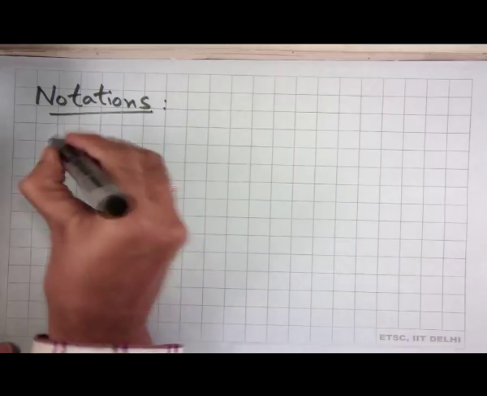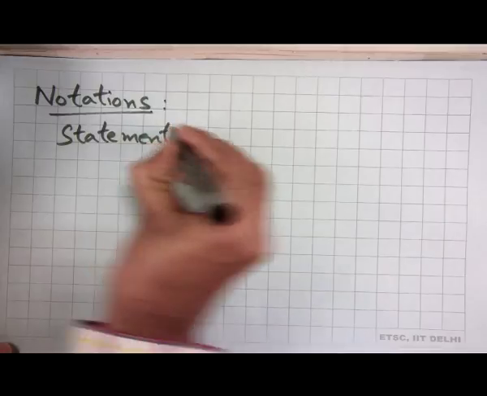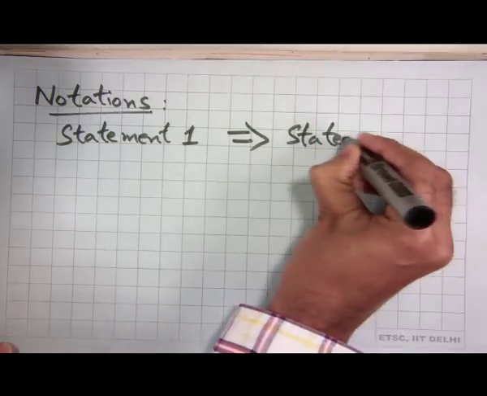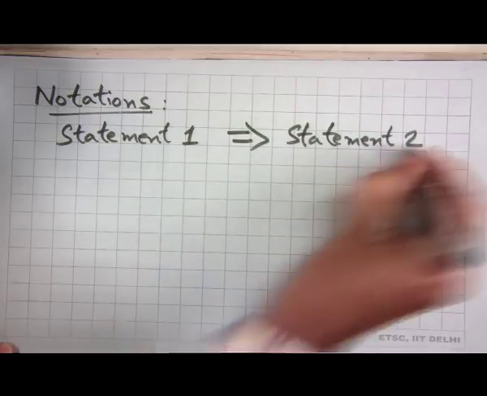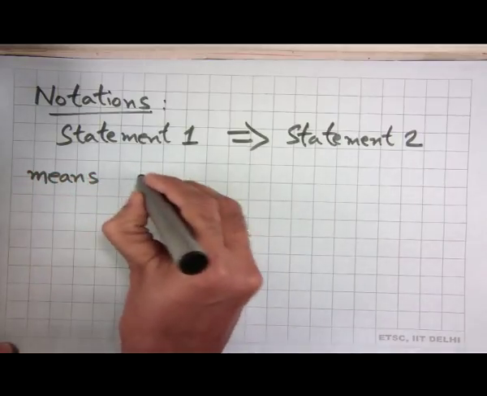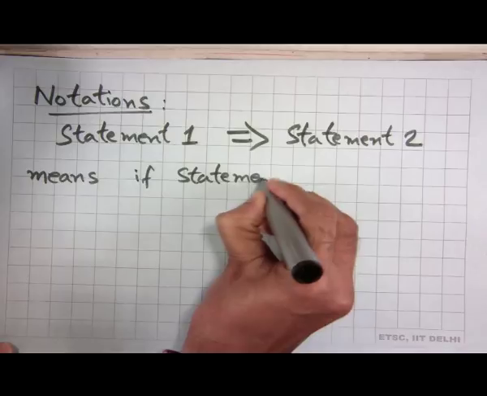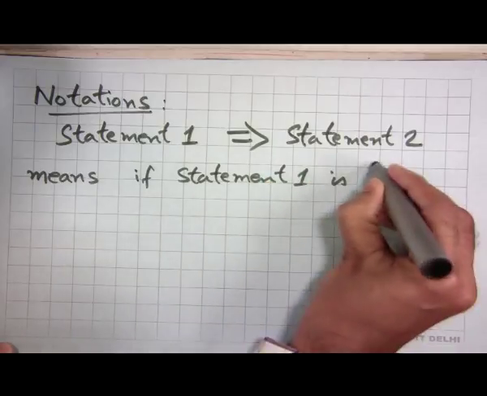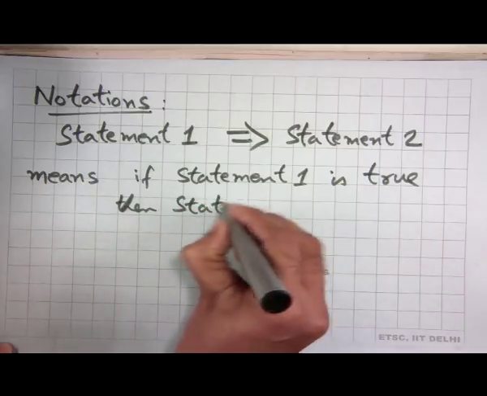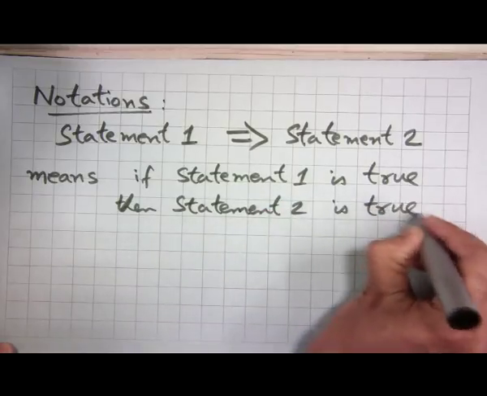So, if I write statement 1 implies statement 2, this means if statement 1 is true, then statement 2 is true, right.